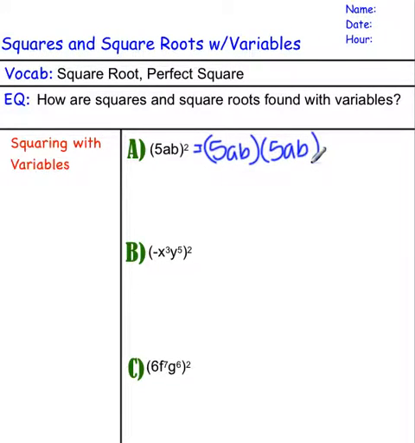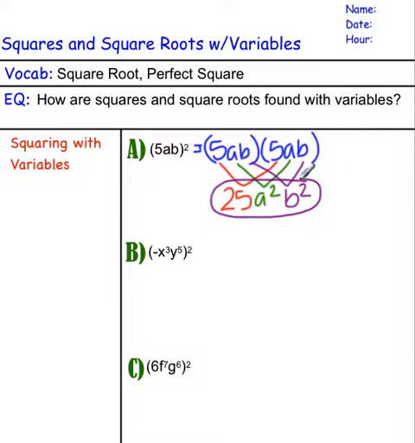We're going to multiply that out. 5 times 5 is 25. And a times a is a squared. And b times b is b squared. So 25a squared b squared would be my solution.